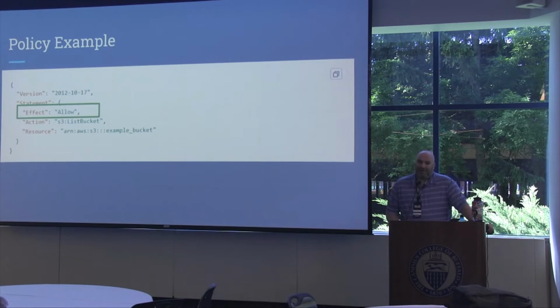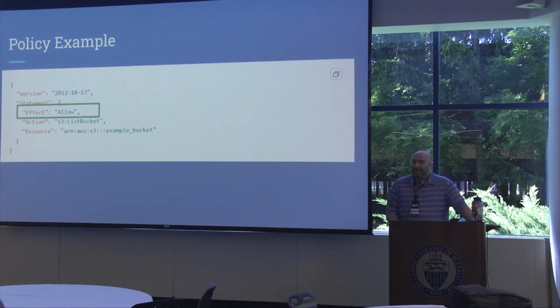And if folks are familiar with their Venn diagrams, your IAM principal's permissions are that middle section of the Venn diagram of all the policies attached to them. And AWS is looking for a way to deny you the ability to do something. So if there's any explicit deny on any of the policies attached to your IAM principal, you're going to lose and you're going to be denied.